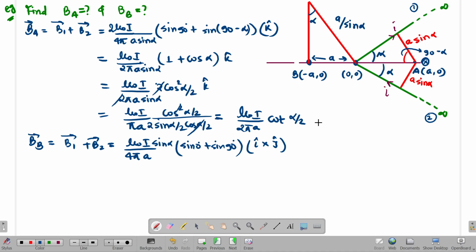Similarly, if I just consider the B over here, means if I want to find the perpendicular distance, it will be this, isn't it? And once again, if you find the magnetic field L cap cross R cap, it is along K cap only, isn't it? So the answer is just multiply this by 2. The answer is mu naught I sine alpha by 2 pi A. That's your answer, K cap.